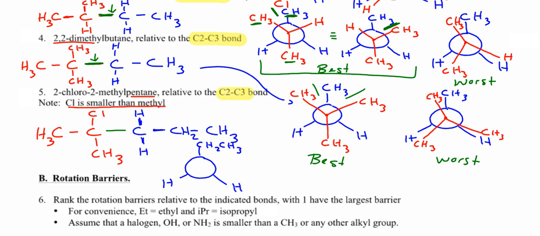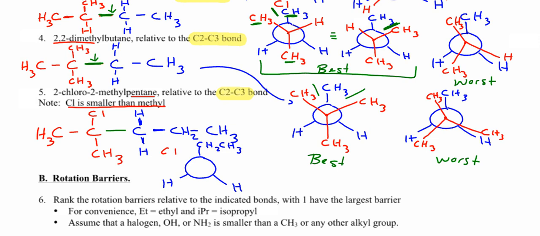All right, you don't want the largest components to be next to each other. So by putting Cl here and CH3 here, what I've done is I've placed my larger structures closer to the other large structure. So the best structure would be at least a Cl being close to that ethyl group.